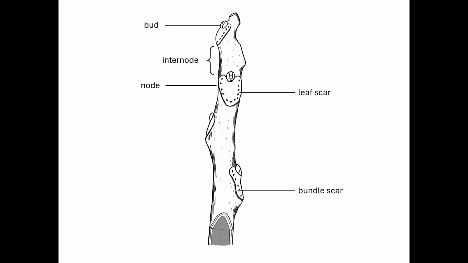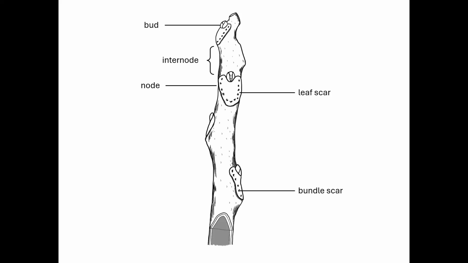And we always find this embryonic tissue, this bud, above a leaf scar. Now, buds come in very, very different shapes and sizes and colors and textures, and all of that information will help us in our winter identification. When we do our special workshop on winter identification, we will go into more detail about buds in particular.